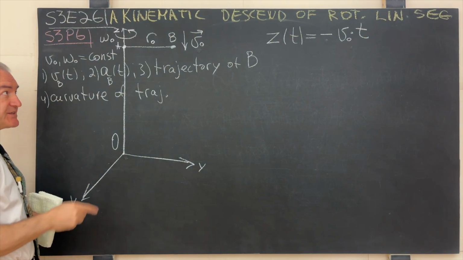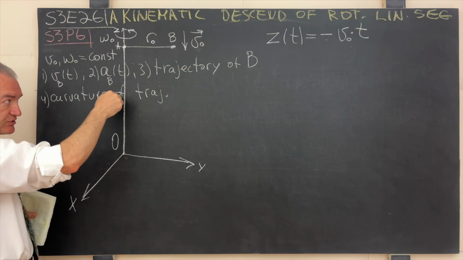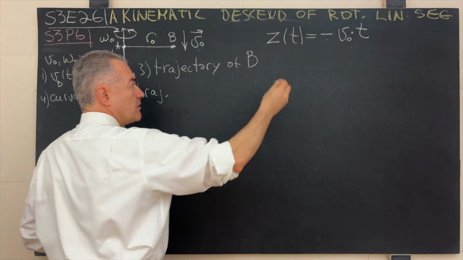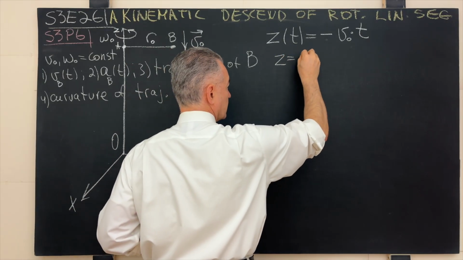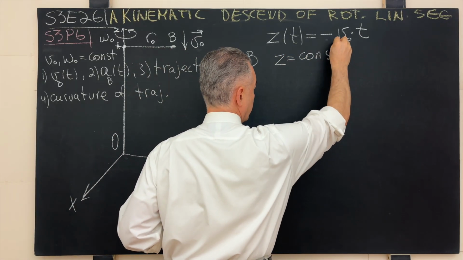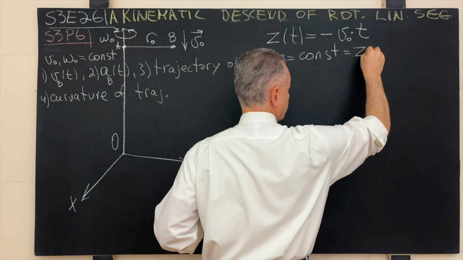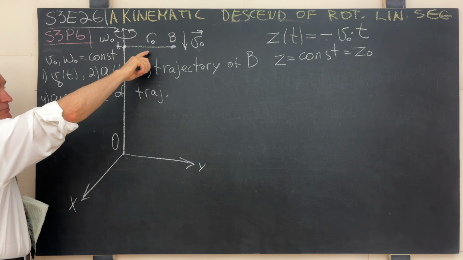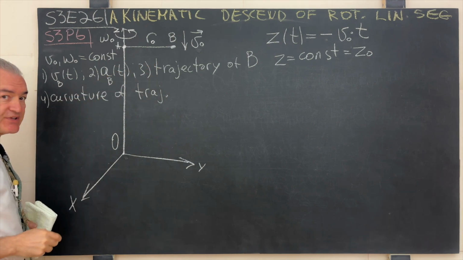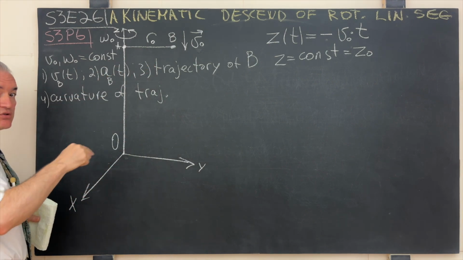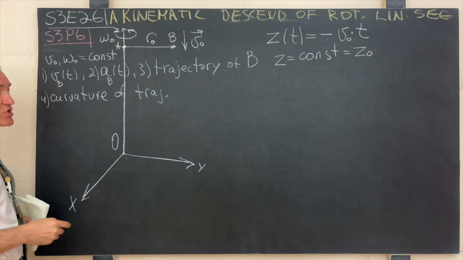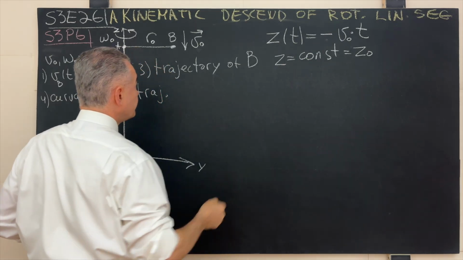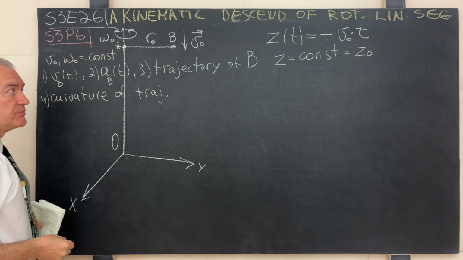If we suspend our translational motion of the line segment at any plane z equals const, whatever it is, certain number z0, then we will realize that again the line segment participates only in the rotational motion, and the position of the point B in the frozen plane at any moment of time will be what?